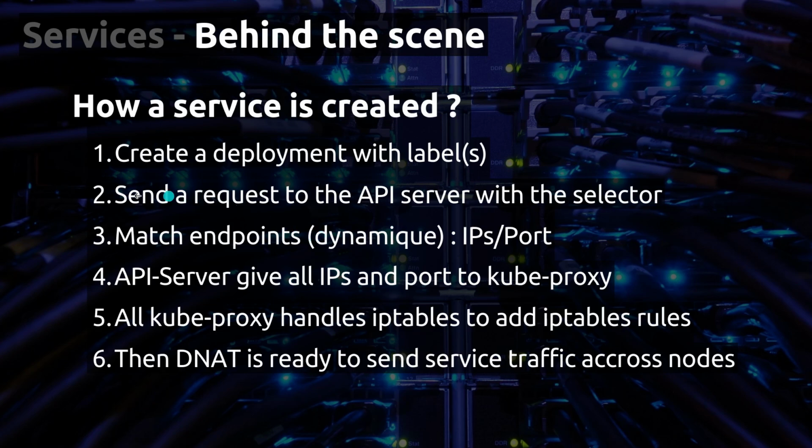And after that, the API server matches endpoints dynamically, of course, to discover each IP endpoint that can serve your traffic. And after that, the API server gives all IPs and ports to kube-proxy.